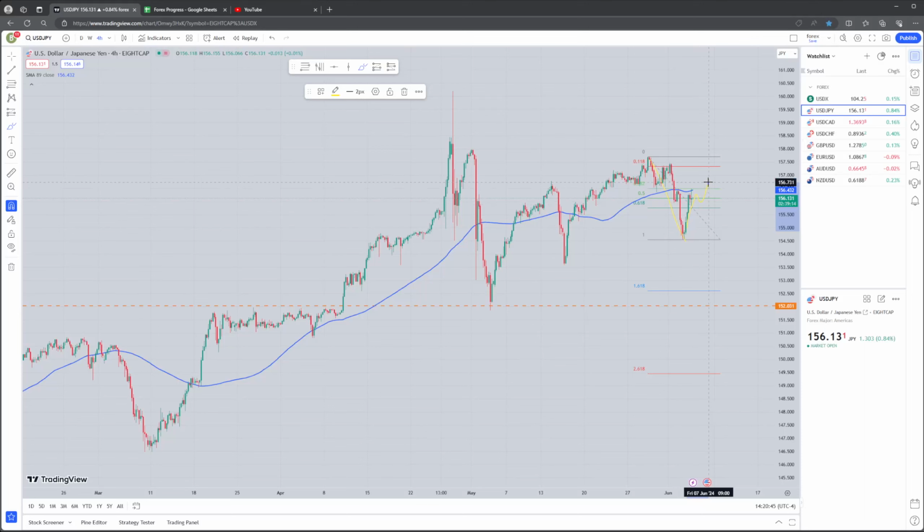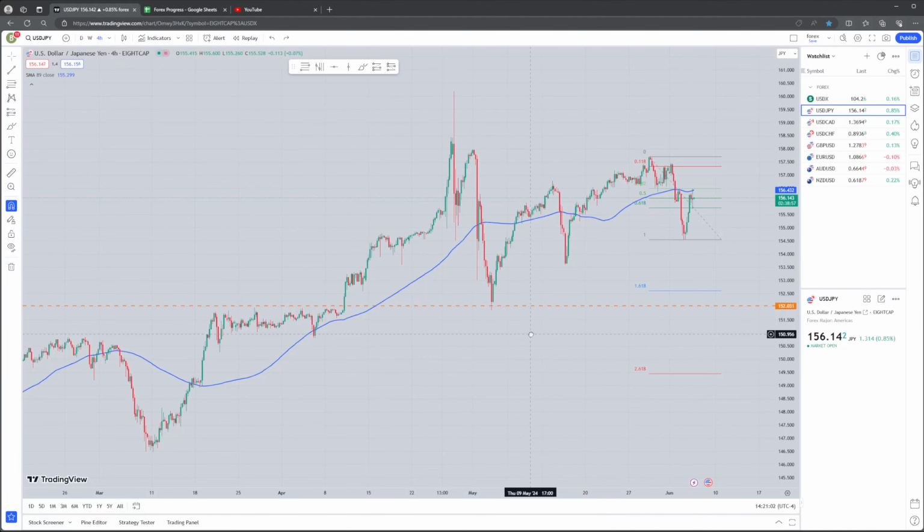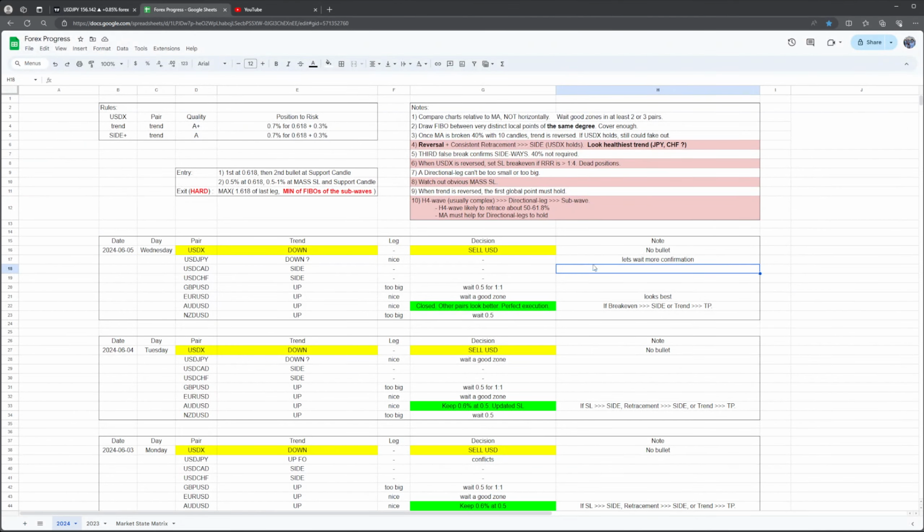If it is, we should expect some price action like this, a return to the trend. Then when the market returns into a good zone again like this, we should be selling USD. So let's wait for more confirmation. That's why I put the question mark here.